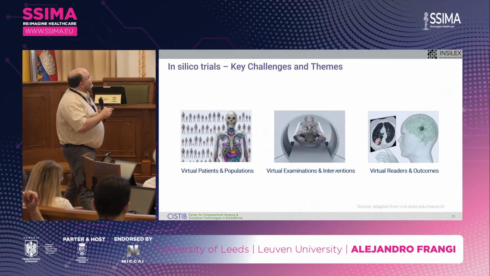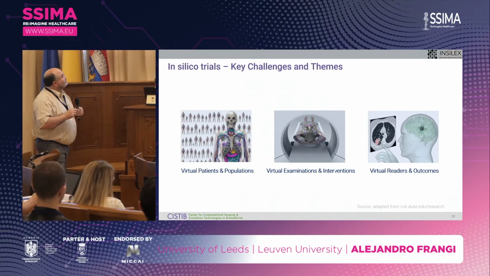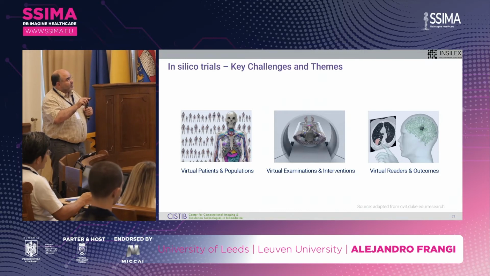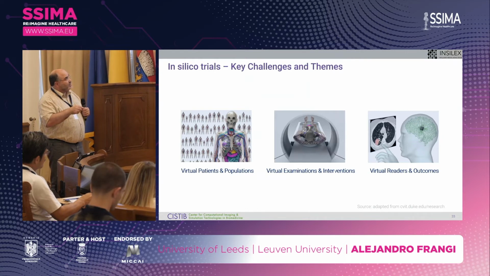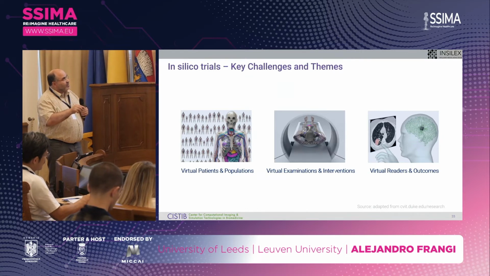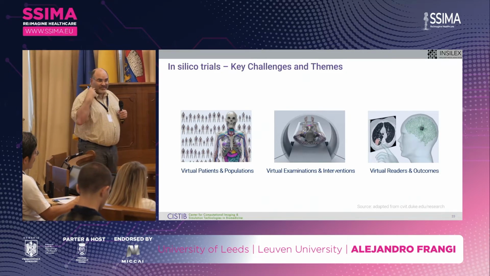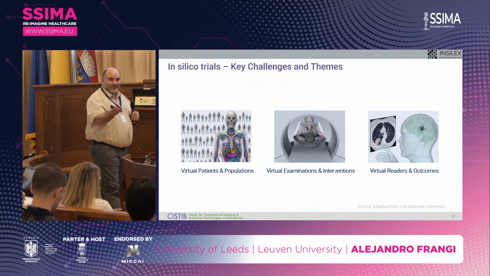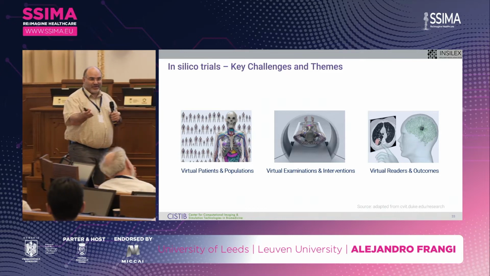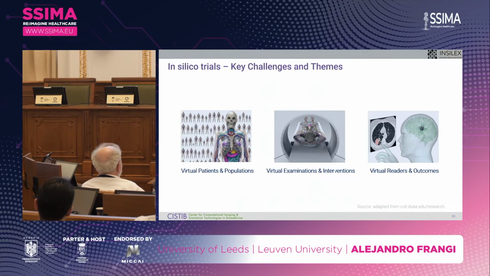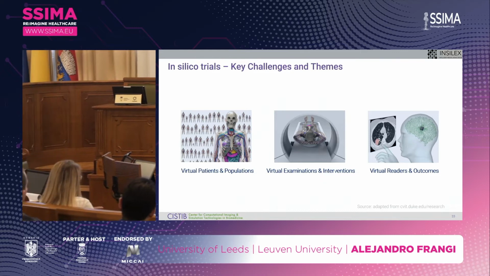So what we need is to have virtual populations and patients, virtual examinations if it's an imaging trial, or interventions if it's a device, an implant trial, and then virtual readers and outcomes. And you can think about AI being a virtual reader, right? Because it's reading your image, it's giving you a readout of the information that you have collected. So we're not going to get a lot into this part today, but just to relate that.